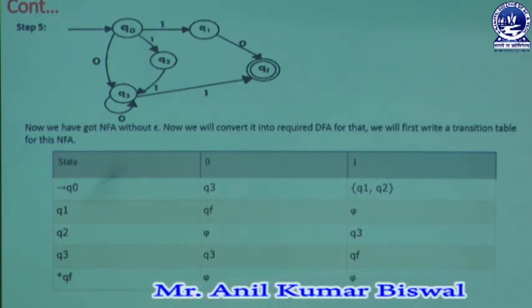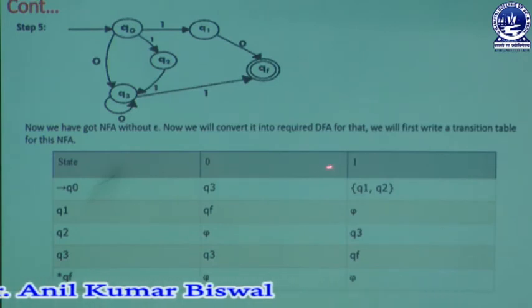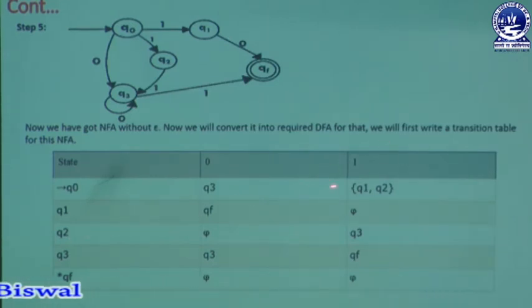Q2 taking 0 is empty, phi, and Q2 taking 1 creates Q3. Then Q3 taking 0 gives Q3, Q3 taking 1 gives Qf, then Qf taking 0 gives phi, and 1 gives phi. That means in the final state no state is created.